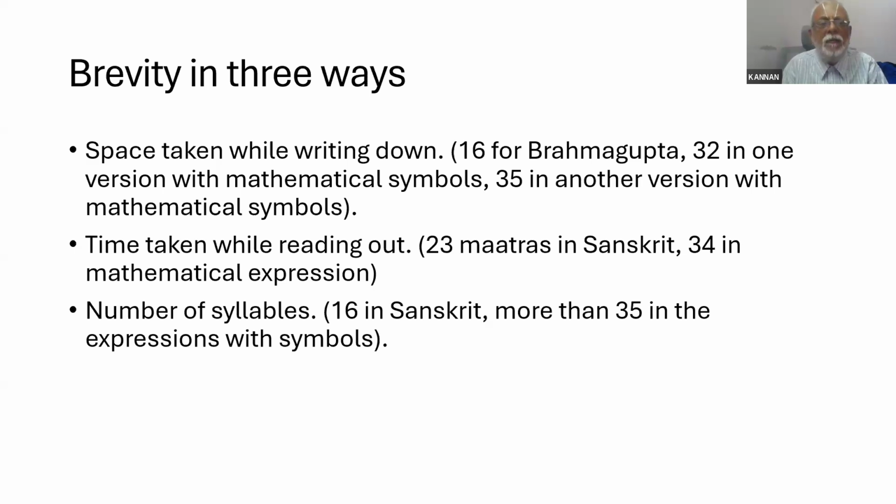What happens to brevity? Brevity is measured by the length of the formula. How do we measure the length? It is measured after typing the formula, by the space taken to type it. That space taken is 16 for Brahmagupta. How do I get this 16? Bhu, Ja, Yo, in this way 16 letters. It is 32 in one brief version with mathematical symbols.